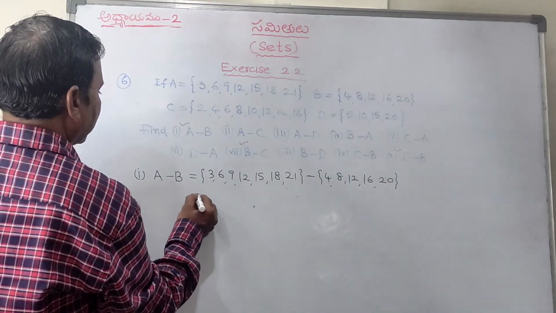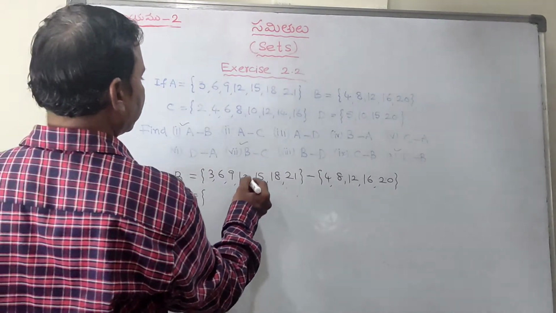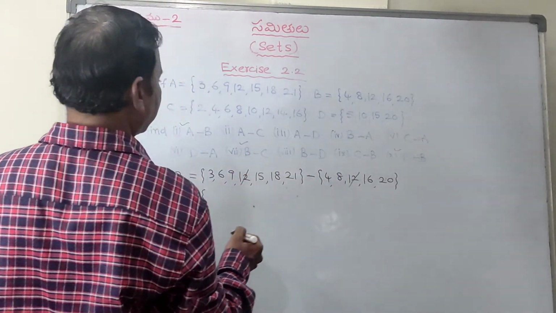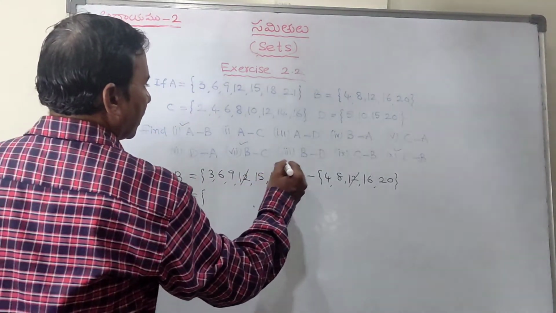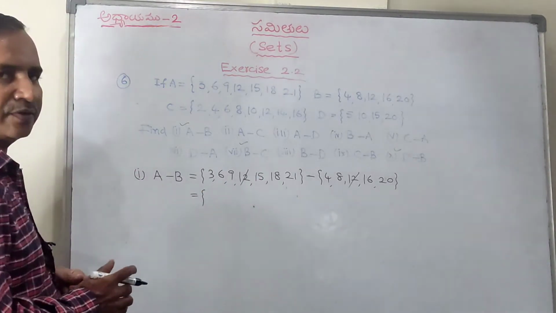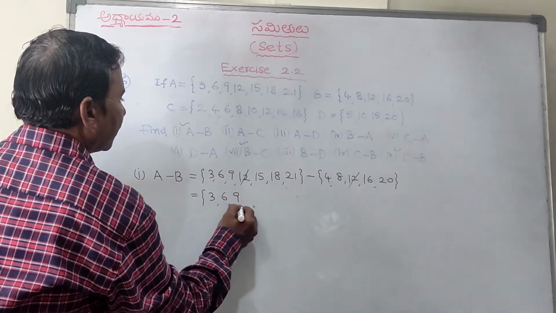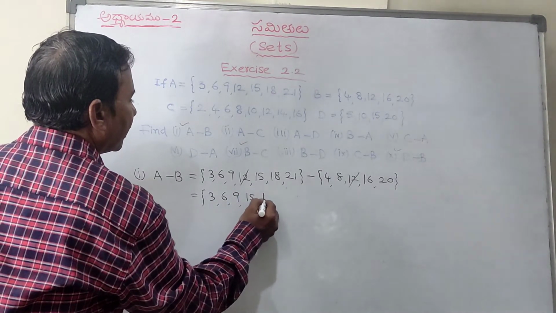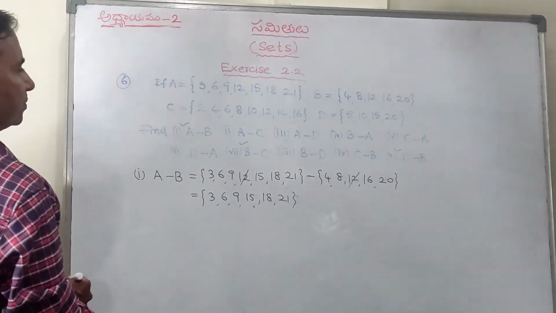What are the common elements among these two? 12, and that's all. So except these common elements, the remaining elements from the set A we should write, that means 3, 6, 9, 15, 18, 21. This will be the first one.